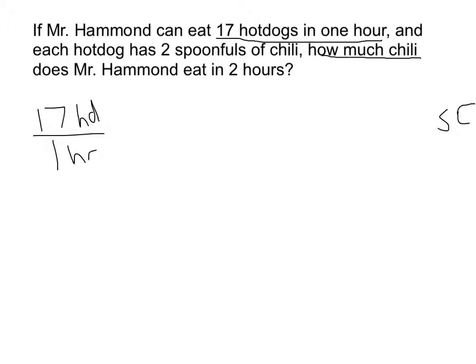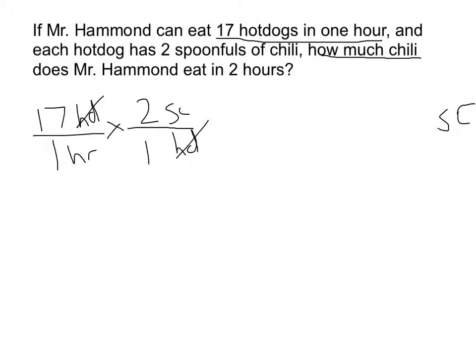So, our first step, it looks like, well, we know how much chili is on a hot dog. It says there's 2 spoonfuls of chili on 1 hot dog. So that could be a conversion factor. 1 hot dog, 2 spoonfuls of chili. Alright, so if I were to solve it now, I would know how many spoonfuls of chili Mr. Hammond is eating in 1 hour.